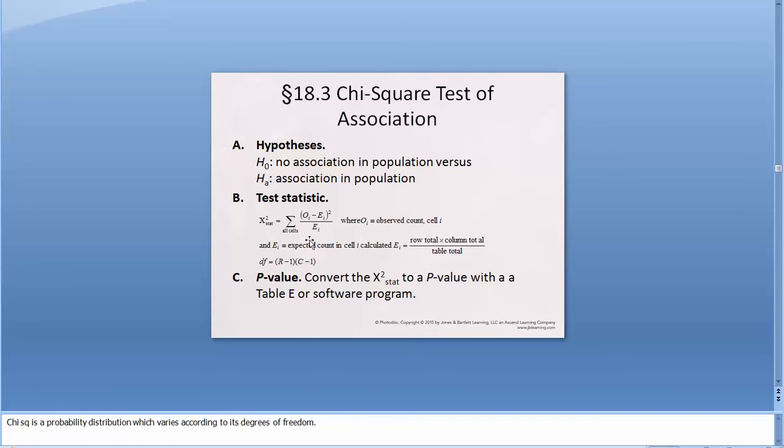Then this entire sum, this sigma means summation, right? You are adding over all the cells. Okay. Then if each of these is very small, the whole thing will be very small. So a small chi-square will favor H null, a large chi-square will favor HA. Okay.